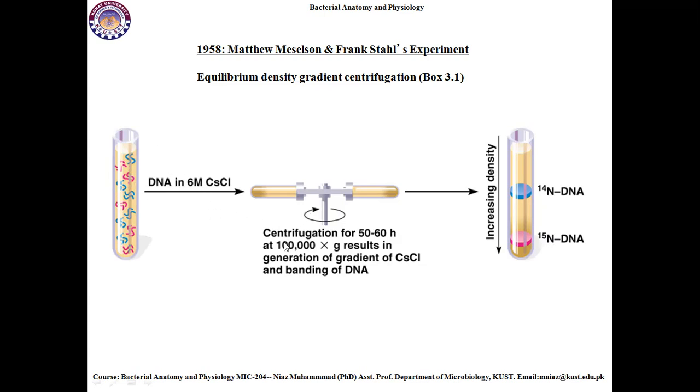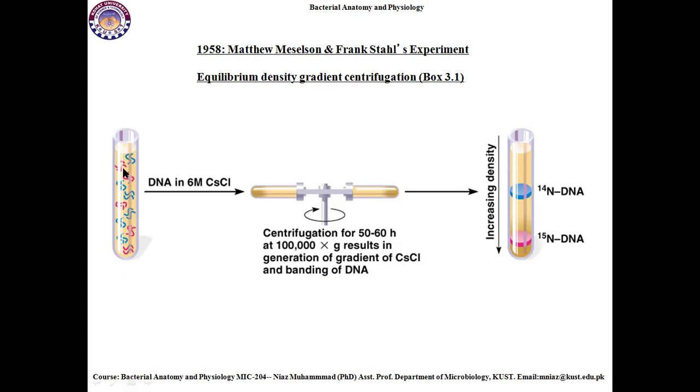And this DNA was centrifuged for 50 to 60 hours at 100,000 g, resulting in the generation of a gradient of CsCl and banding of DNA. So what happened? With increasing density, suppose after centrifugation N15 was heavier and settled down, and N14 was lighter, so these two strands were separated.